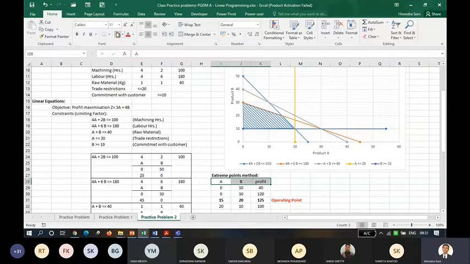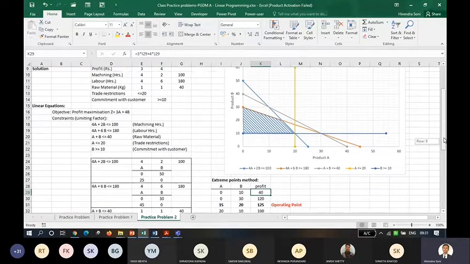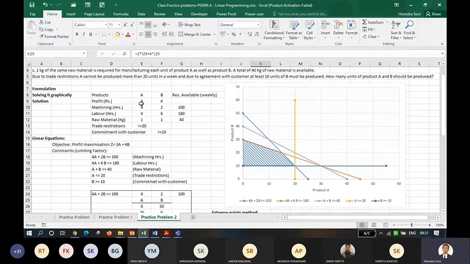Okay. What I am doing is, these are my profit values. That means my equation is Z equals 3A plus 4B. So I need to calculate the value of Z at these extreme points, the extreme corners of my graphical solution.